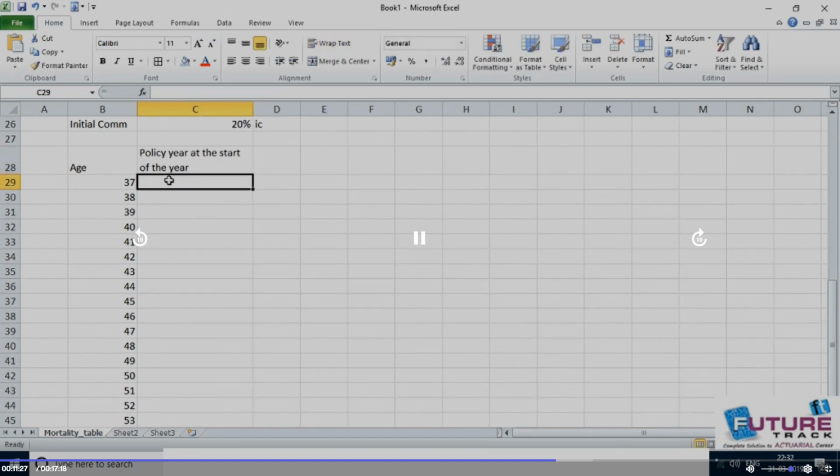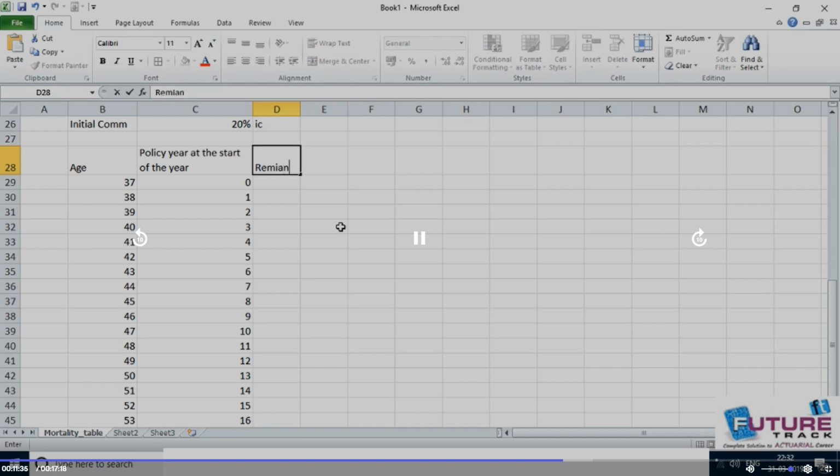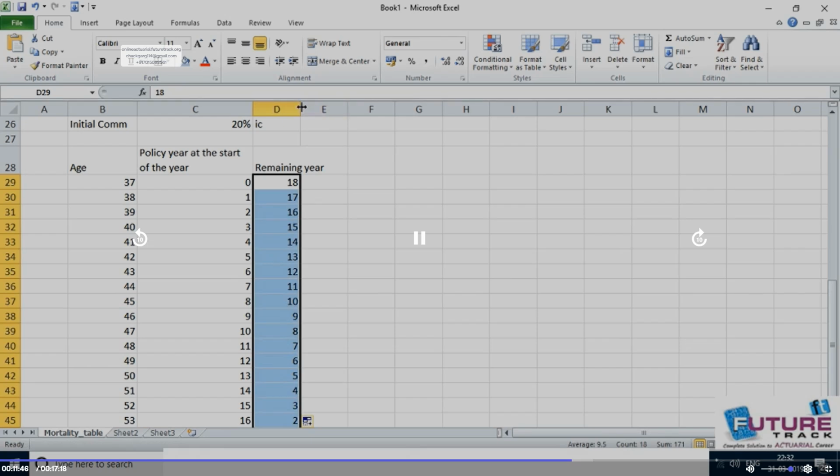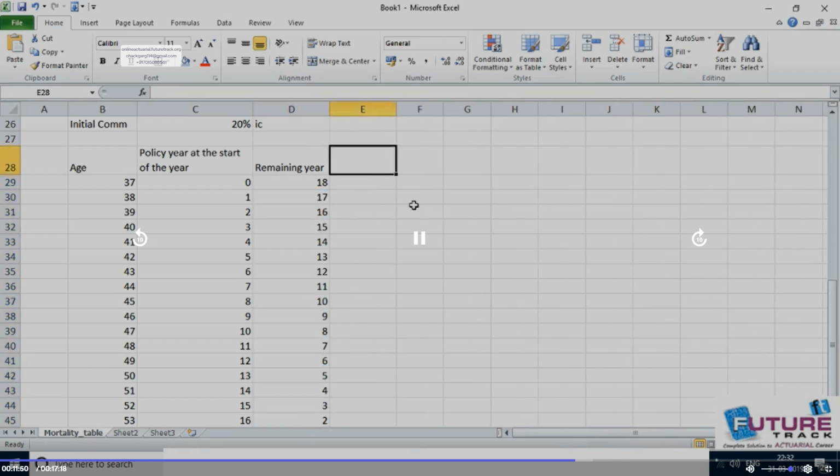Policy at the start, it is 0, 1 year, 2 year, 3 year, and so on. Double click it. Find remaining years: 18, 17, and so on.